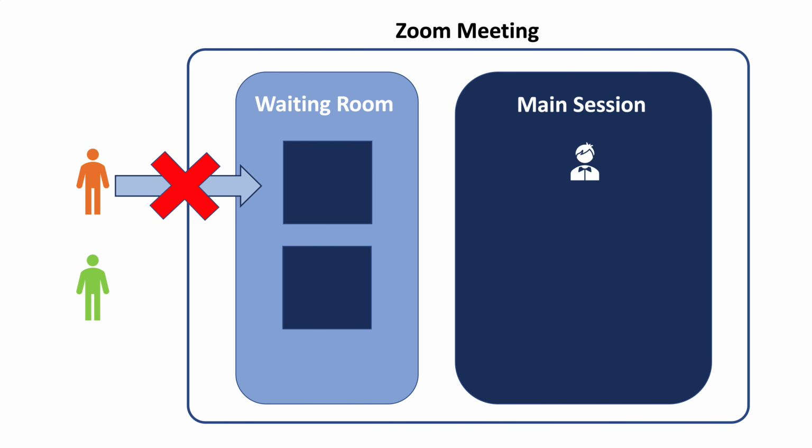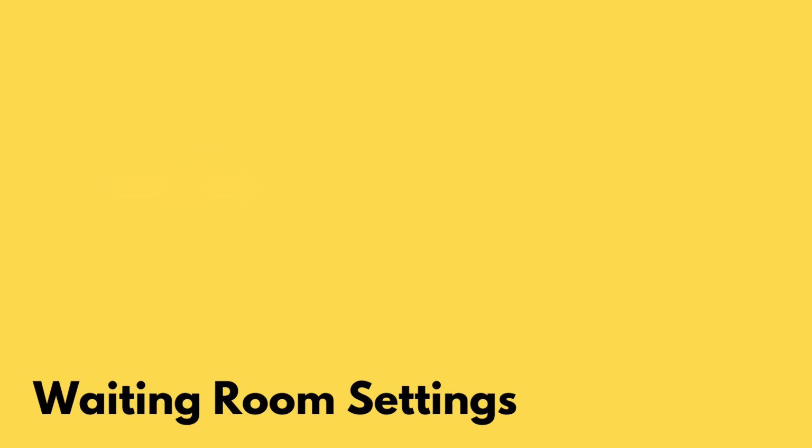Now that we know what a waiting room is, let's set up one in Zoom. The waiting room feature should be on by default, but just in case, let's see how we can access the waiting room settings. There are three ways in which we can enable the waiting room.